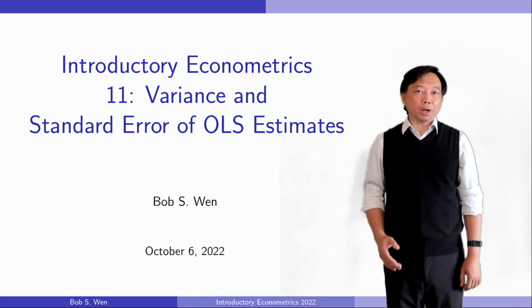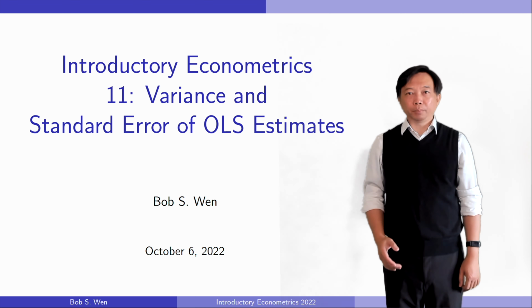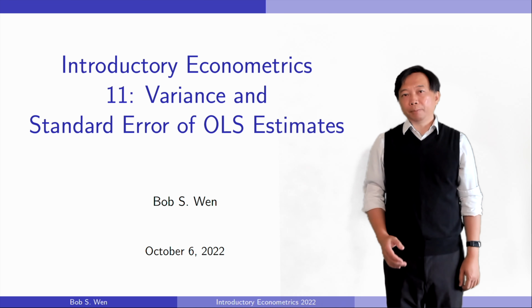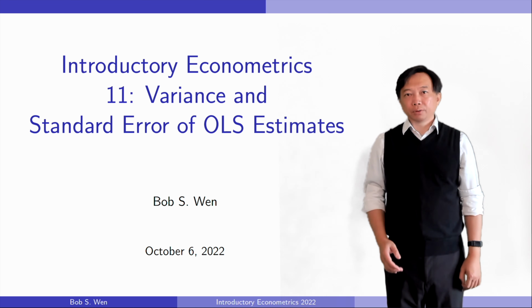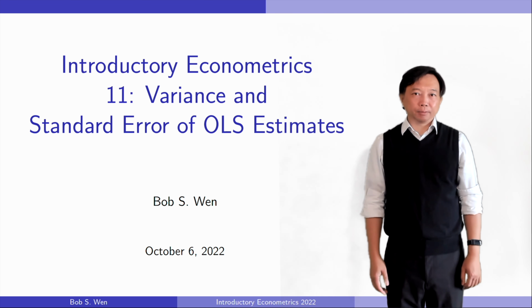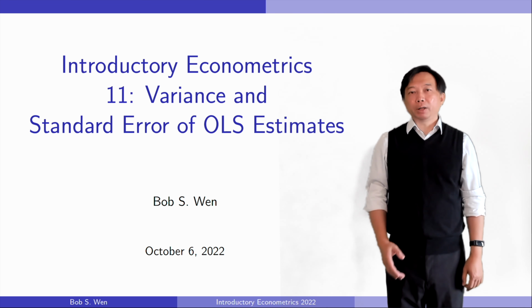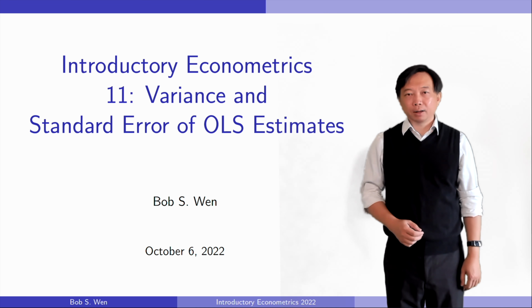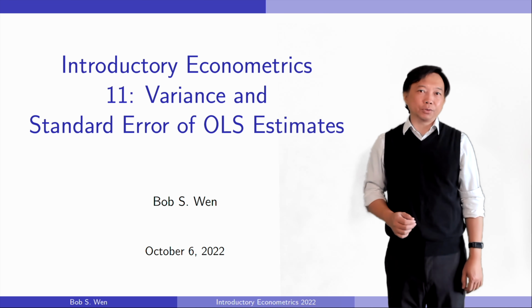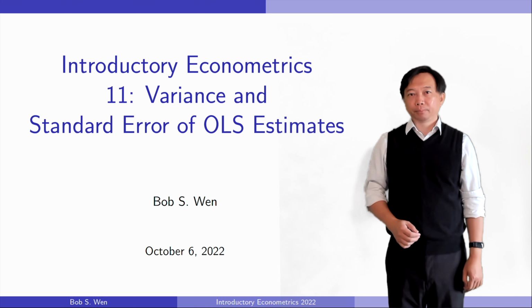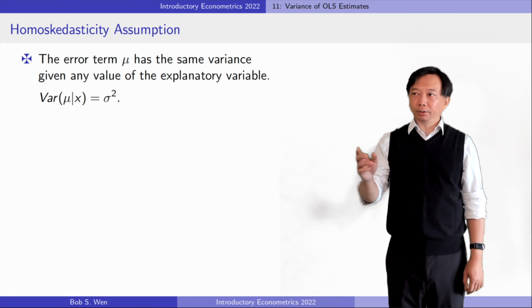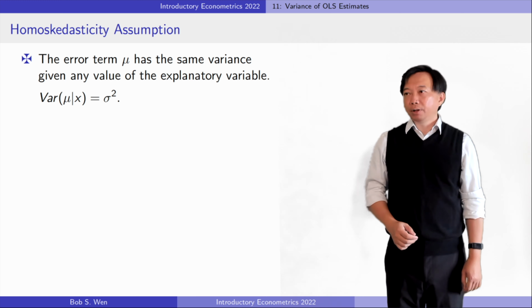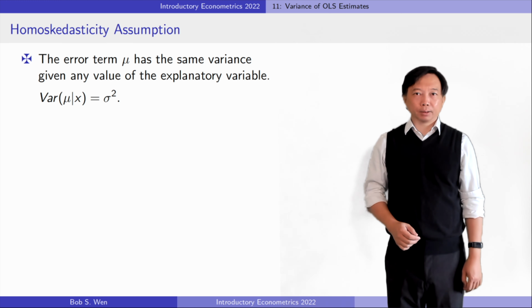Since it measures how far the estimates are from the true value for an unbiased estimator, the smaller the variance, the better the estimator. The variance of the OLS estimator is related to the variance of the error term. We assume that the variance of the error term conditional on x is sigma squared.